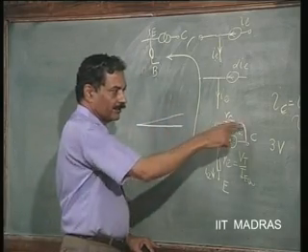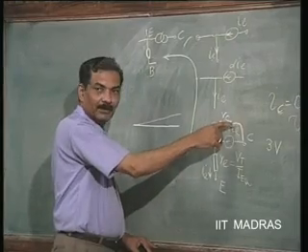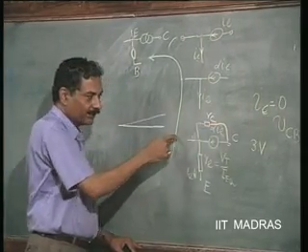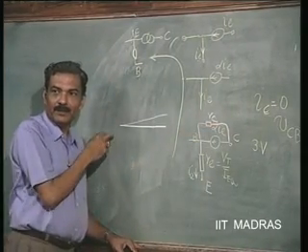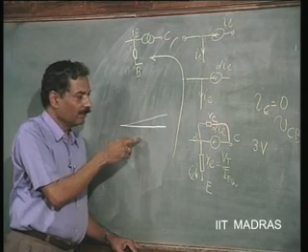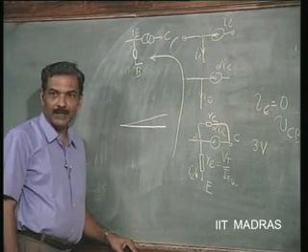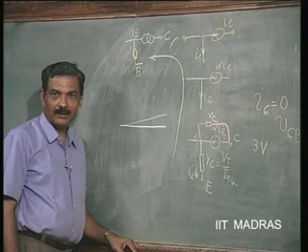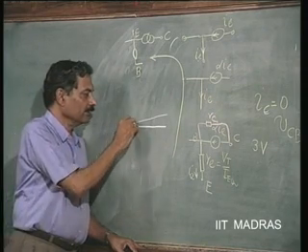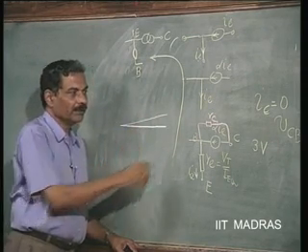That is why collector base voltage dependence comes about because of RC. Earlier it was independent of the collector base reverse bias voltage, but there is a dependence now. And this slope at any given point is what is called RC.